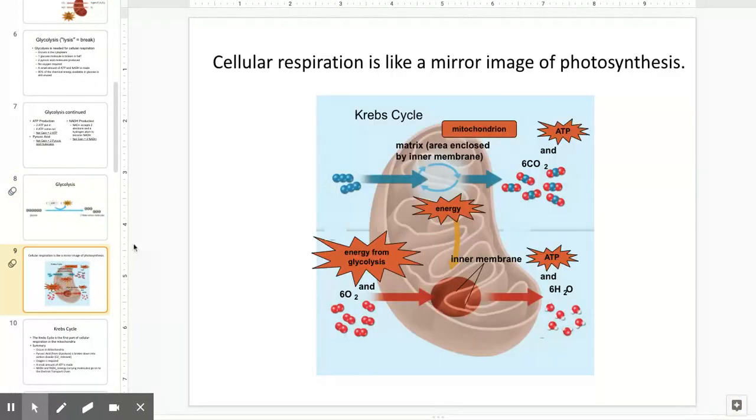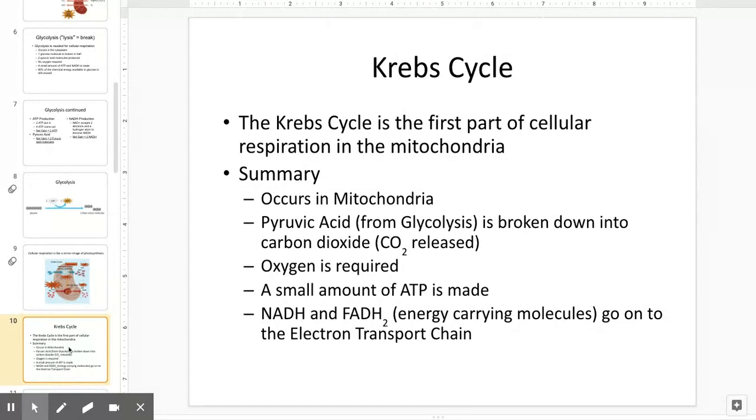The pyruvate then goes on to the Krebs cycle. So here we go. Here's our pyruvic acid. It's going into the matrix of the mitochondria. And in the Krebs cycle, the pyruvic acid itself is broken down further, releasing carbon dioxide.